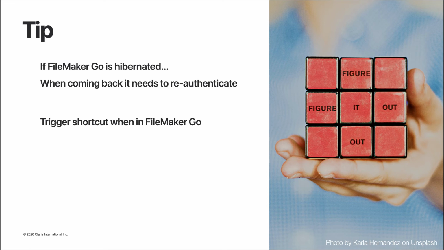It runs on top and then comes back right to FileMaker Go, and it doesn't have to do the re-authentication part. If it's a hosted file, it is actually kind of painful to wait for it. So heads up, it might be a nice user experience to be in the app already, which is kind of cool.